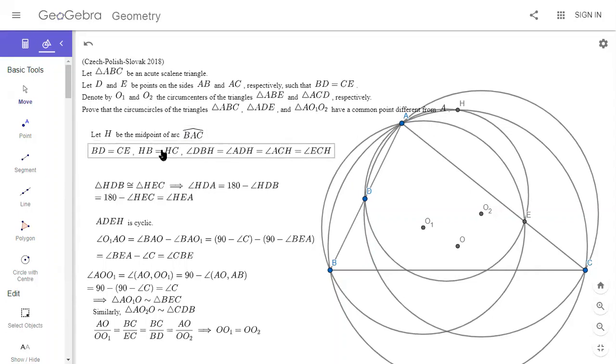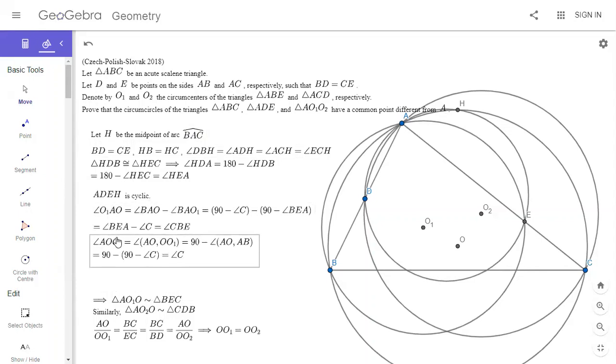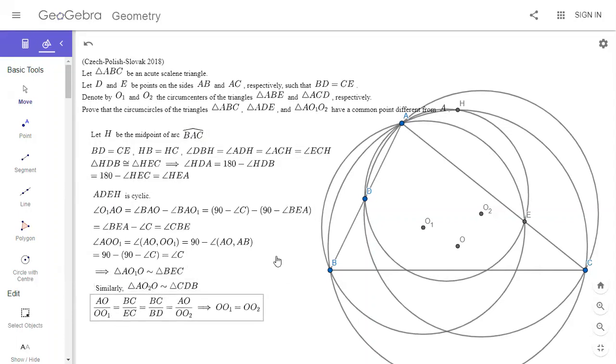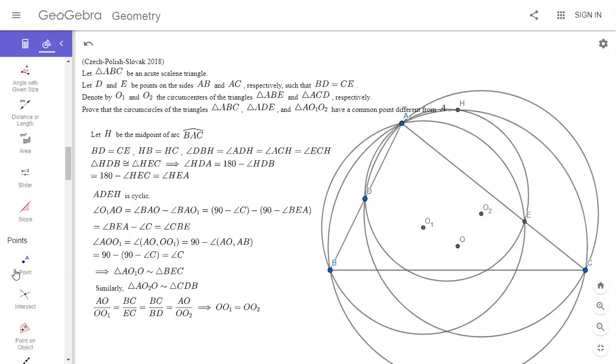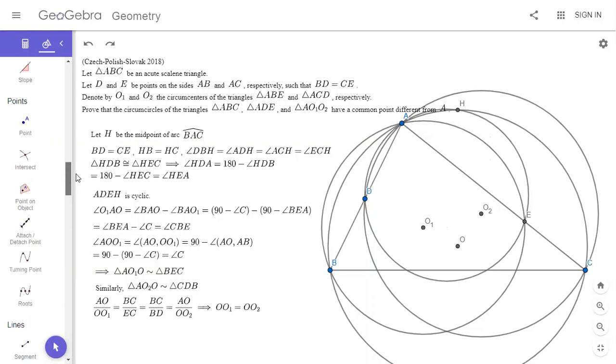Let me make some room. Okay. So yeah, I don't think O lies on the circumcircle of A. Yeah, but can we mark the common point of AEB and ADC?